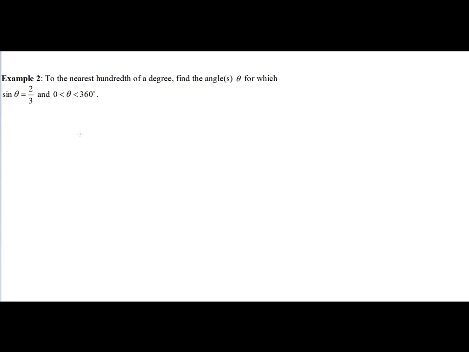You can find the reference angle with a calculator option called sine inverse, which finds the angle for you. What you're going to find is the reference angle.